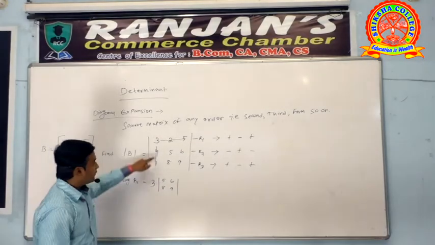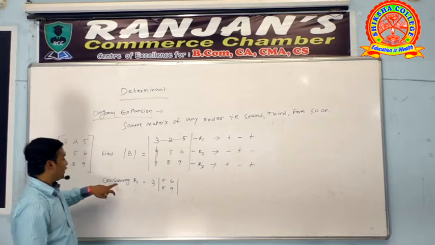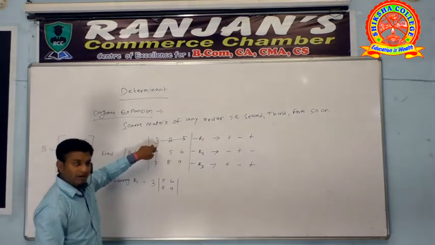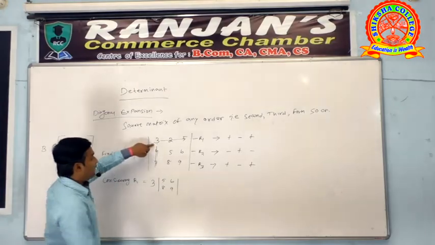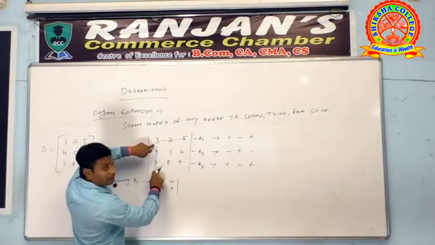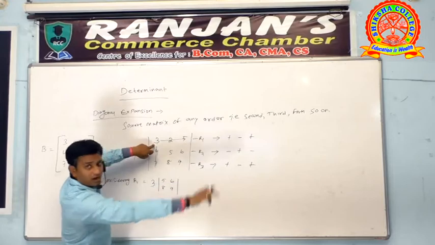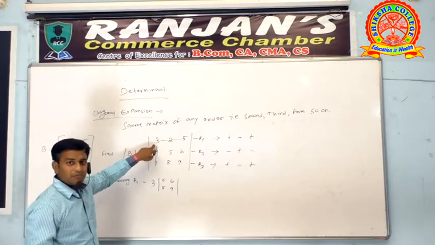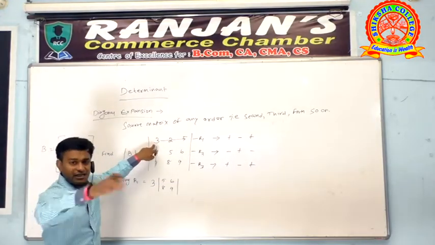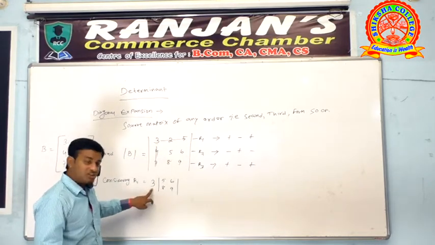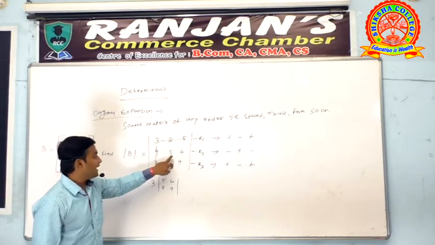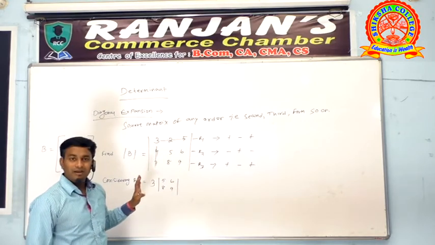Clear? Because we are taking row 1, first we take 3, then 2, then 5. When we take 3, we delete the 4, 7 from the column and 2, 5 from the row. We delete them from the mind, not here. Now we consider what remains: 5, 6, 8, 9. Clear?